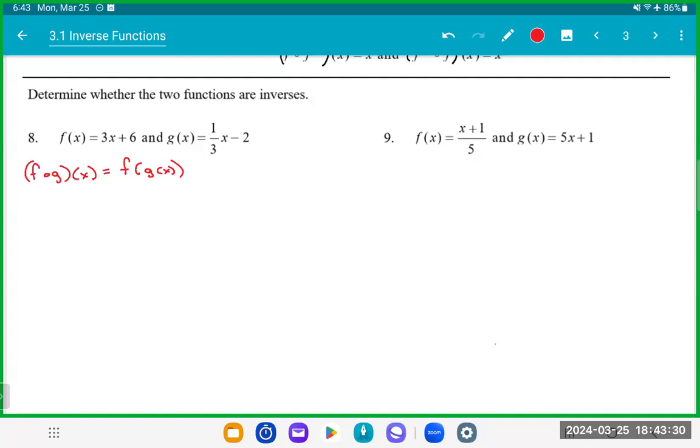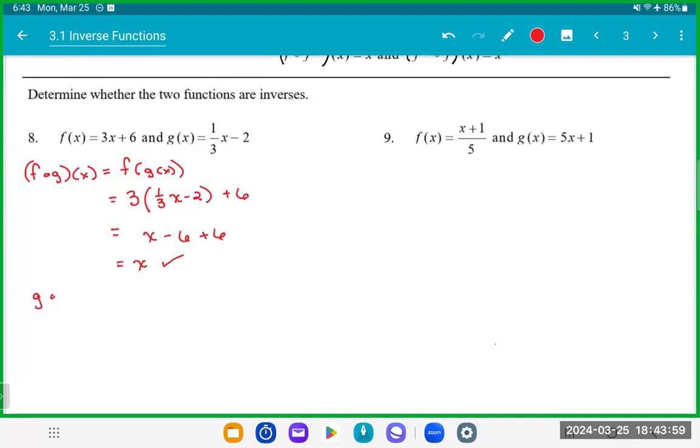So in this case, I'm taking my f function, that's 3x, plugging in my g function, x minus 6 plus 6, so that simplifies to x. That meets the first piece, but we have to test the other way as well.